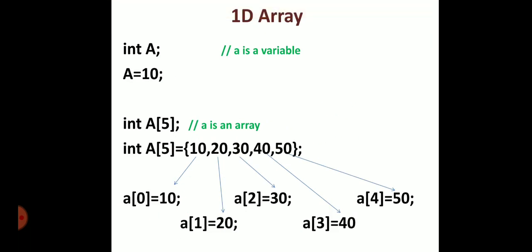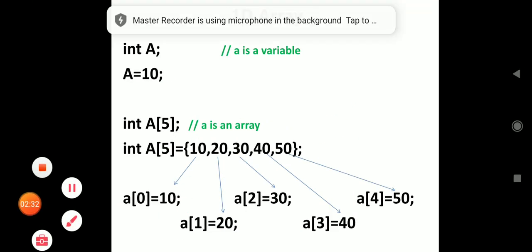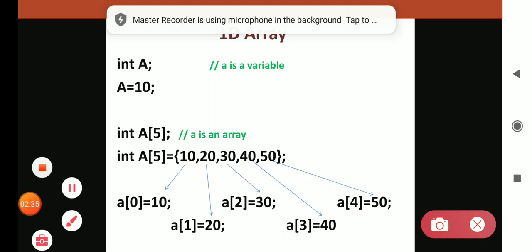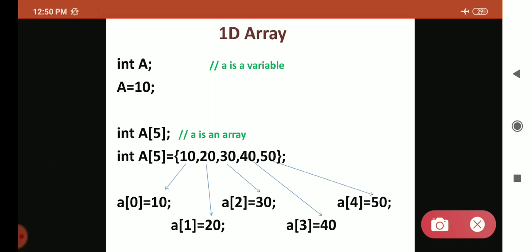Here, the important thing to remember once again is, if I say int A of 5, I can store a maximum of 5 elements, and the first element will be indicated by A of 0. That is, the first number will be A of 0.